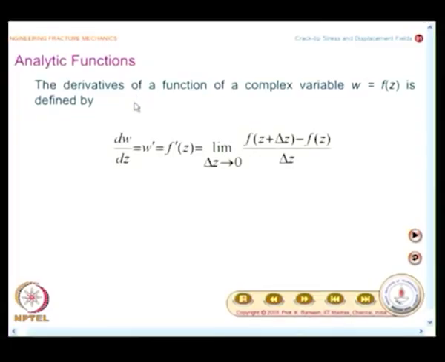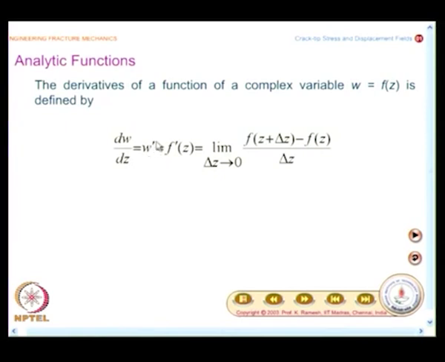That is what Westergaard has used. So, we need to understand what are analytic functions. You know, a function is analytic when it is having a derivative. The derivative of a function of a complex variable w equal to f of z is defined by dw by dz. You have a similar notational interpretation.